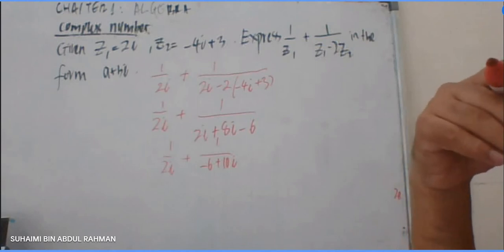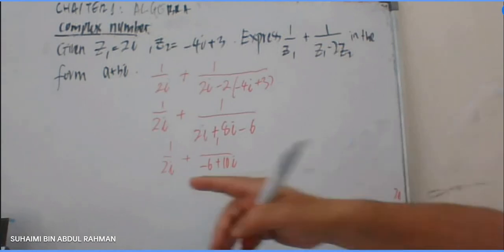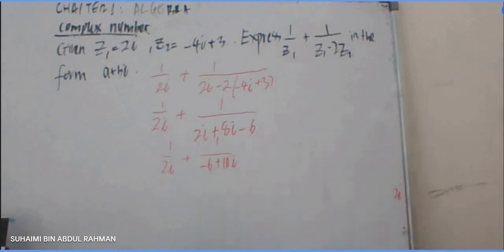Right, conjugate. So two fractions here. So conjugate of both before we add.